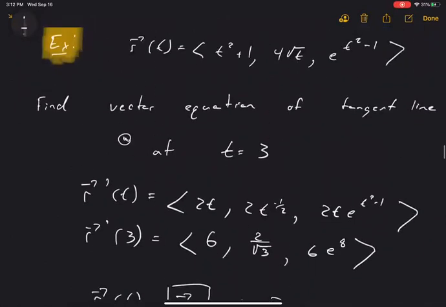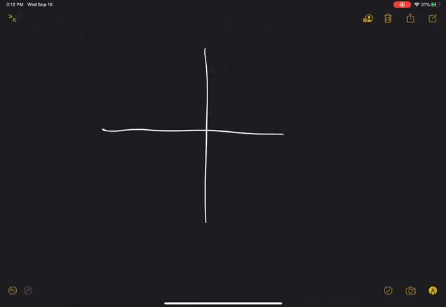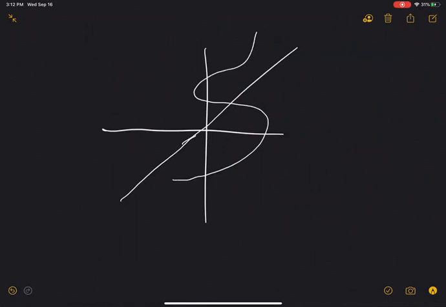Well, think about this. Let's say our curve looks like this in 3D space. It doesn't have to be a great drawing. So this is my r of t, and maybe r of 3 is right here. I've calculated the tangent vector, which is a vector parallel to my tangent line.